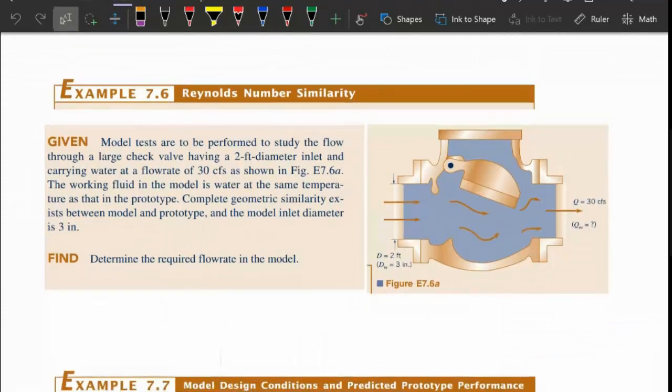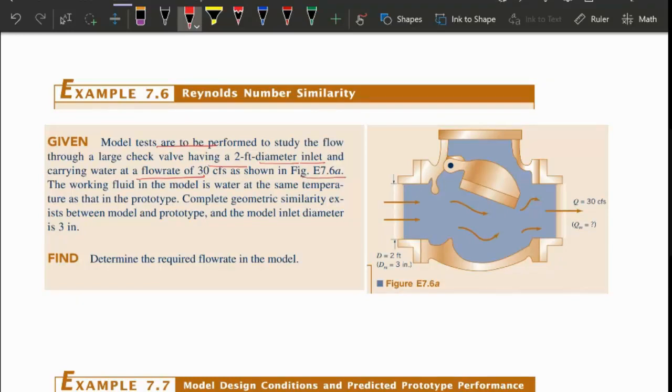So we have introduced this problem. Model tests are to be performed to study the flow of a large check valve having a 2 feet diameter inlet and carrying water at a flow rate of 30 cubic feet per second, as shown in this figure.